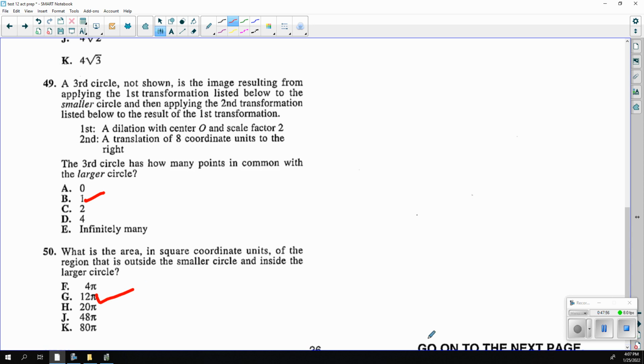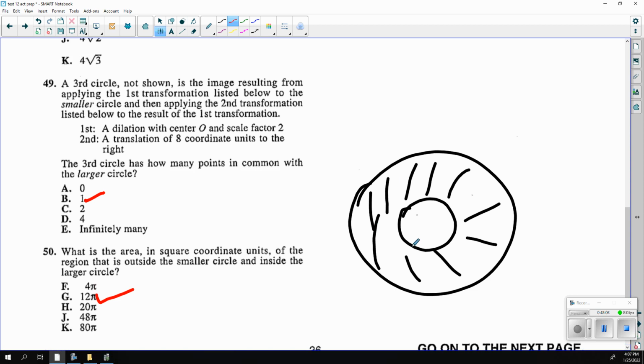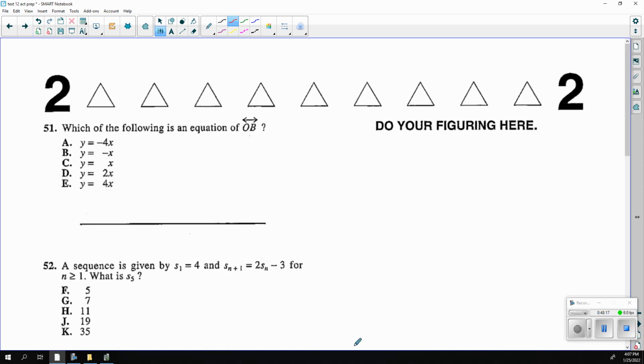The larger circle has a radius of 4, and they're looking for this area. It's pretty large because the donut hole does not have much. This circle has radius just 2. So you could do area of circle twice there.